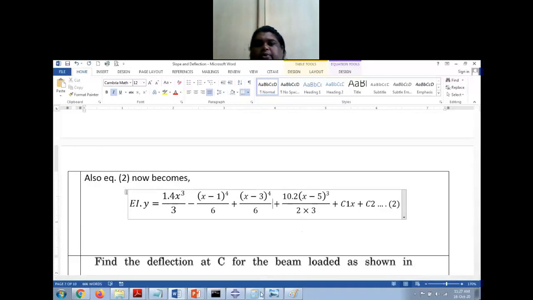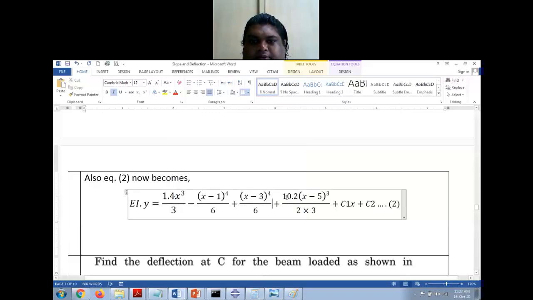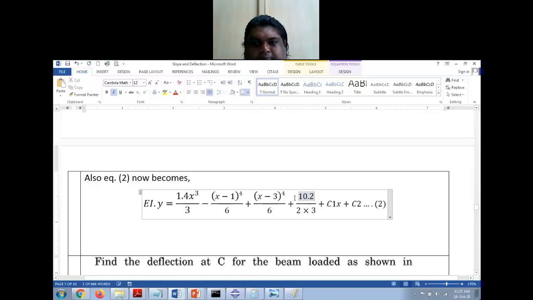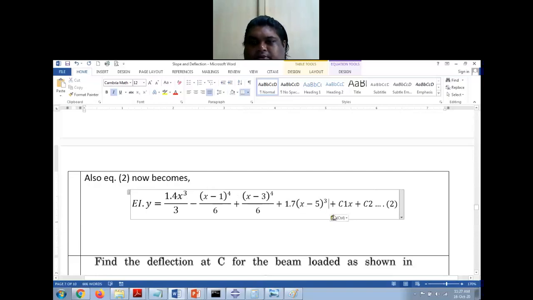This is 10.2 by 6, 1.7. Into this value.